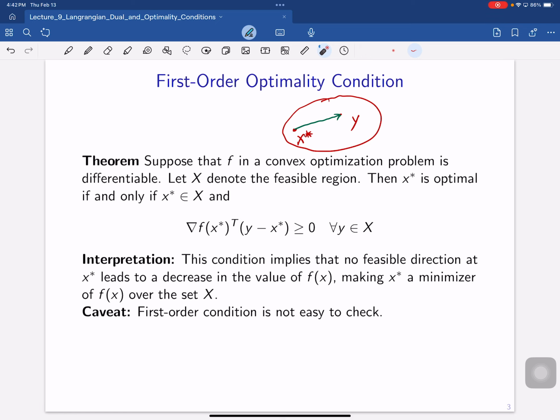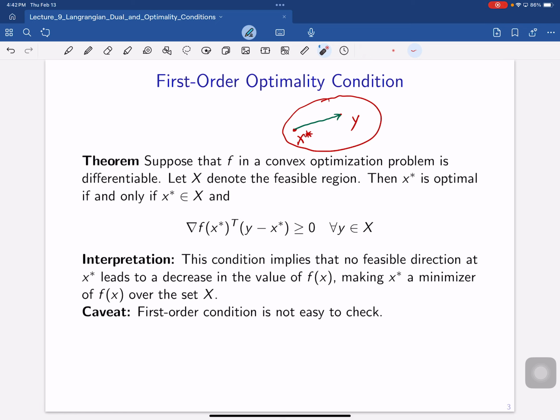Now let's try to prove this first order optimality condition to see if we get any insight out of it. Let's prove one direction. If this condition holds, then x star must be a global minimum for the convex optimization problem.